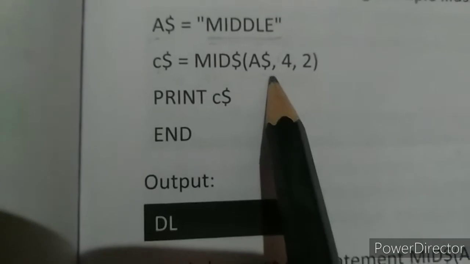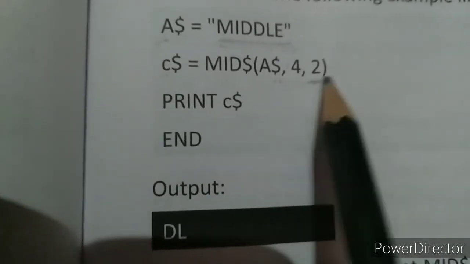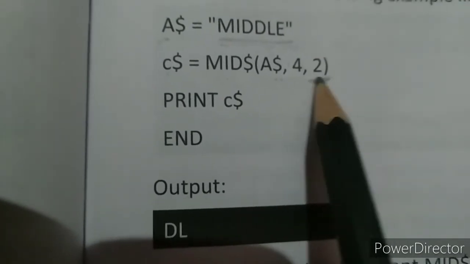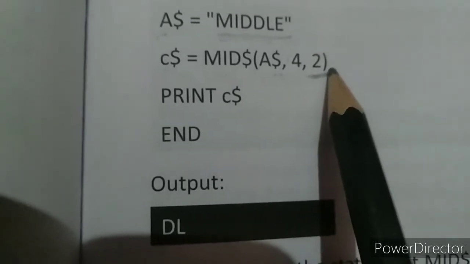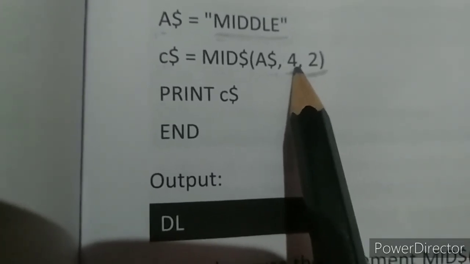Suppose there is a string A, middle. Now we use the mid function and we want to extract 2 characters starting from the 4th character of middle.